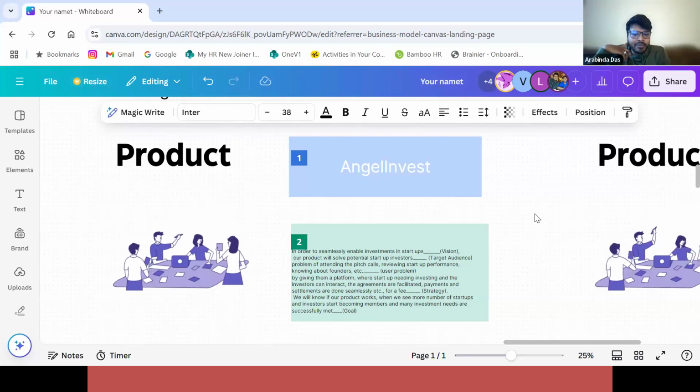By giving them a platform where startups needing investment and investors can interact, and the agreements are facilitated, payments and settlements are done. We'll know our product works when we see more startups and investors becoming members and many investment needs being successfully met.